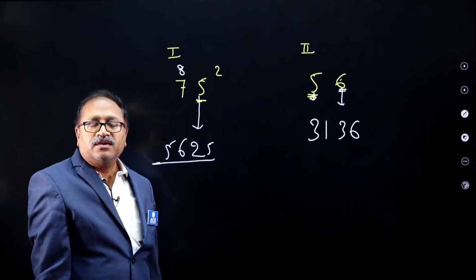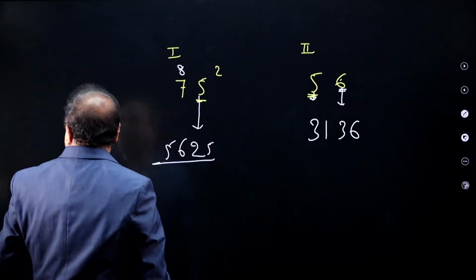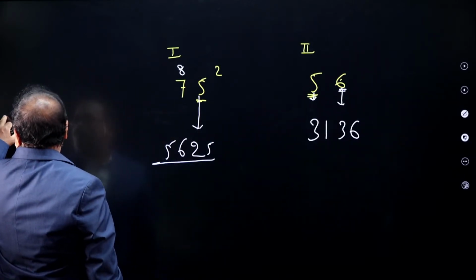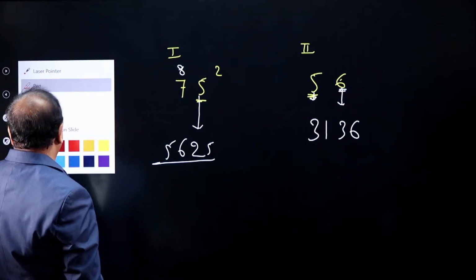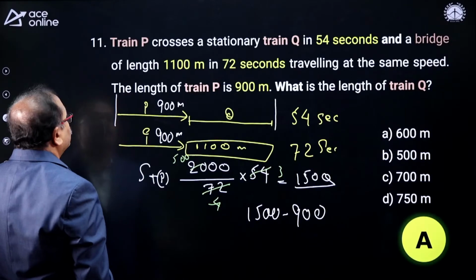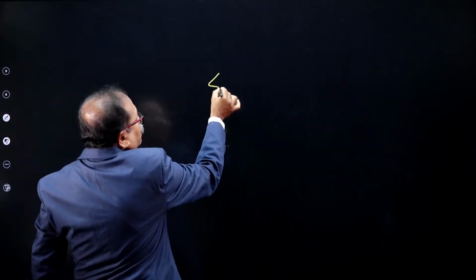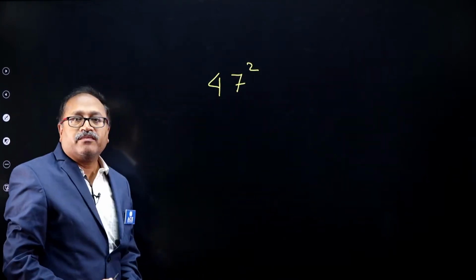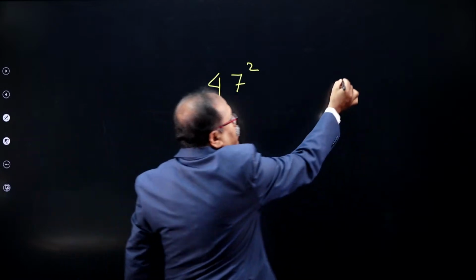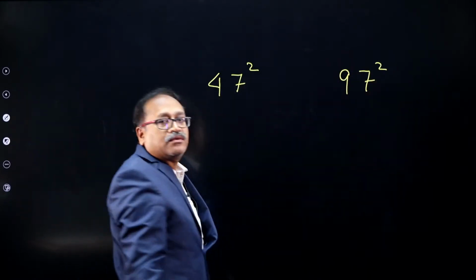Shall I ask you one question which is not falling under this category? Okay, get ready, Sai. I am going to ask you one more question. How do we get the square of 47? 47 square. How do we get the square of 97? 97 square.